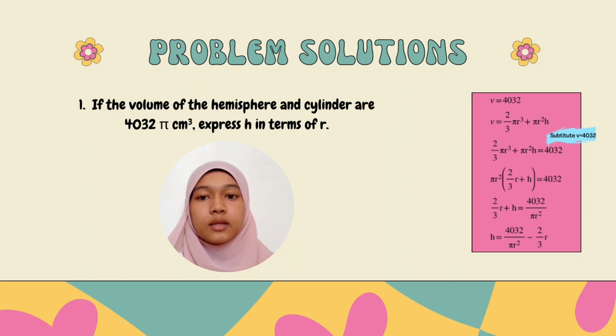Pi r squared times (2r over 3 plus h) equals 432 pi. Step 5. 2 over 3 r plus h equals 432 over r squared. Step 6. h equals 432 over r squared minus 2 over 3 r.